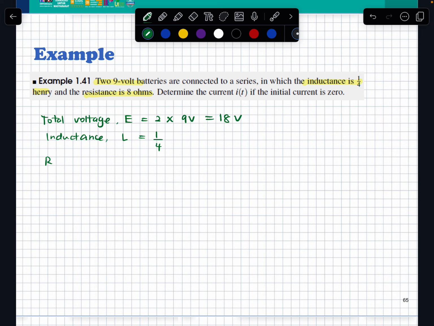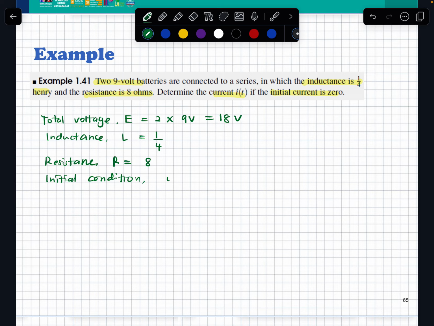Now we know that the resistance R equals 8 ohms. Determine the current I if the initial current is 0. So we have the initial condition: at time 0, the current is 0.